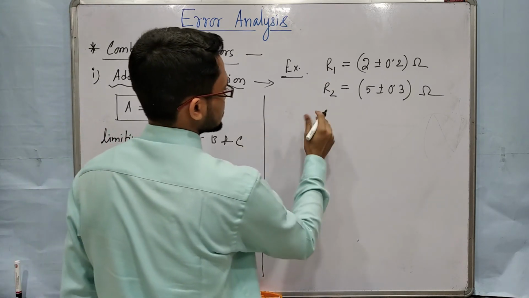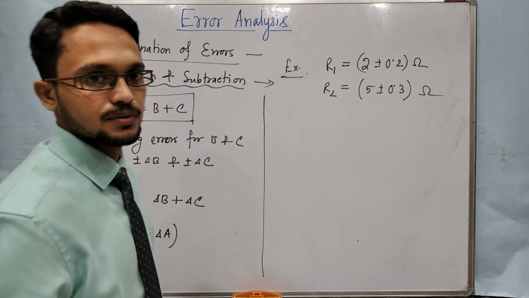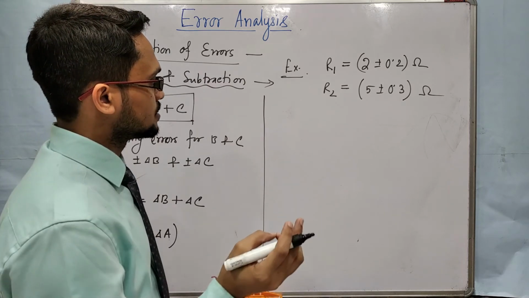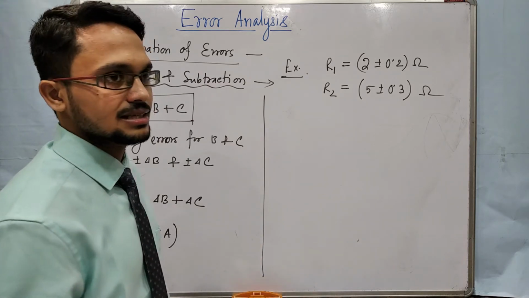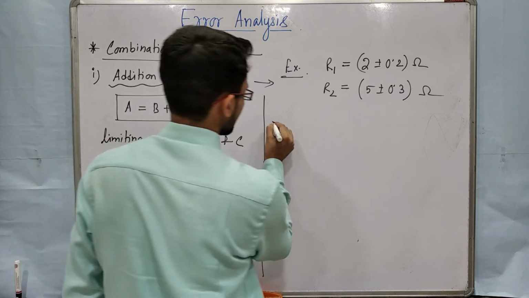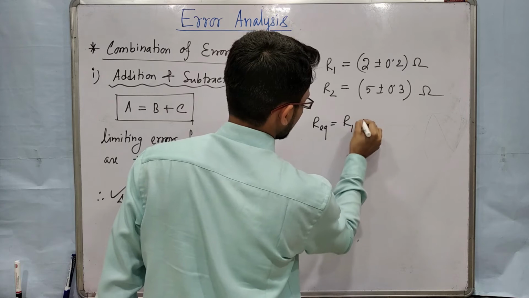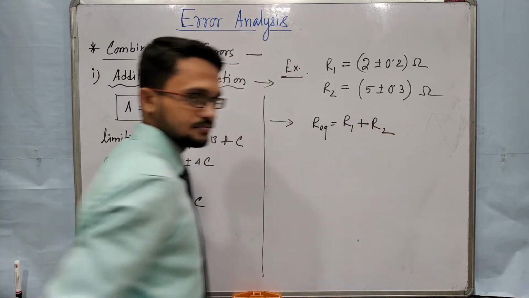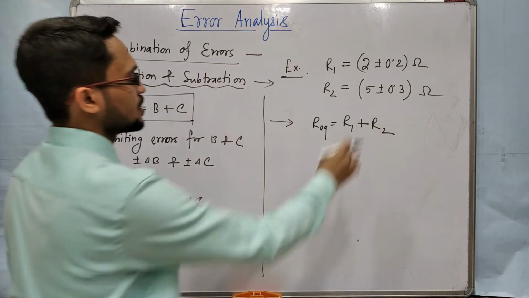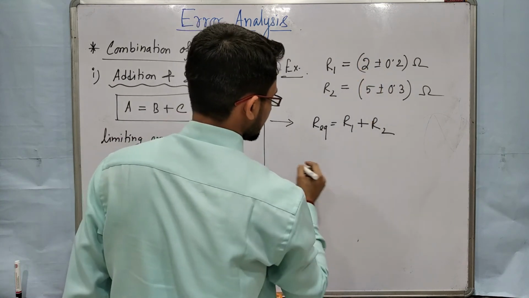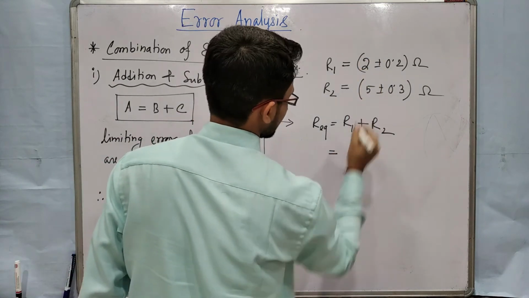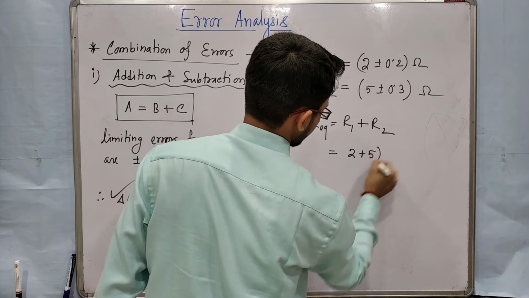So what is the formula of equivalent resistance when the resistances are in series? First you will write the formula. R equivalent will be R1 plus R2. For the true value part, we will add them simply, that is 2 plus 5.